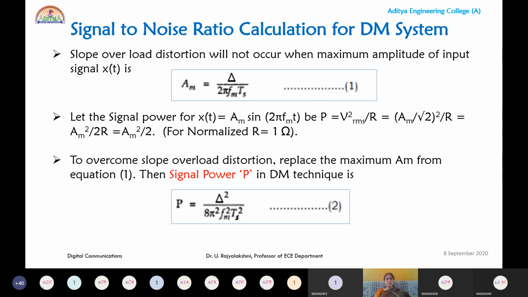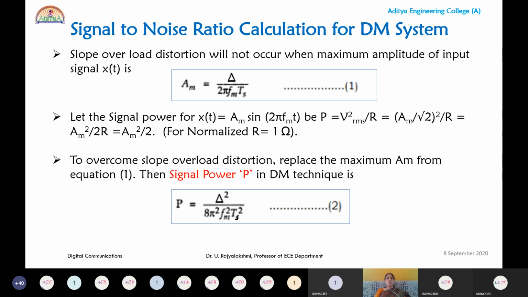VRMS is the maximum voltage divided by root 2, because that is the voltage in RMS. So (Am by root 2) whole square divided by R. We did the same procedure in PCM. So Am square by 2R. If you assume R as 1 ohm, you will get Am square by 2.